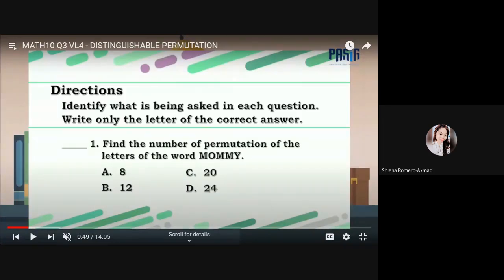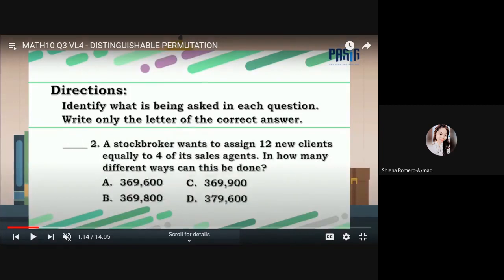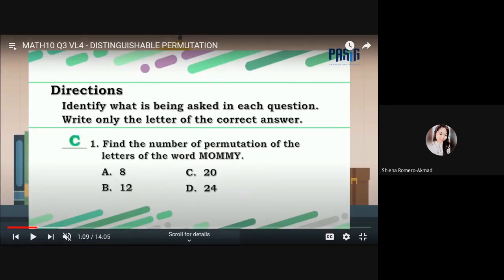So I think most of you don't have an idea about distinguishable permutation, what distinguishable permutation is. So for number one, the answer here is letter C. Letter C because as you can see, there are 1, 2, 3, 4, 5 letters.